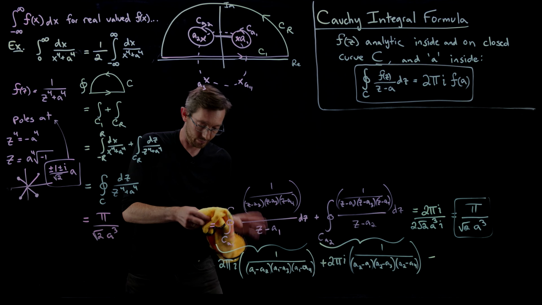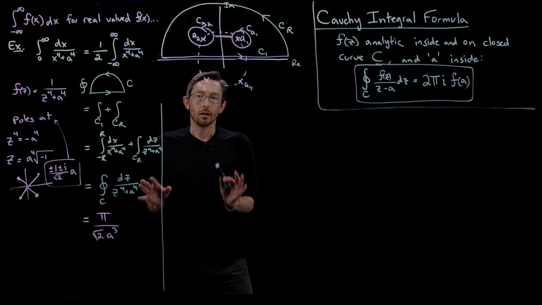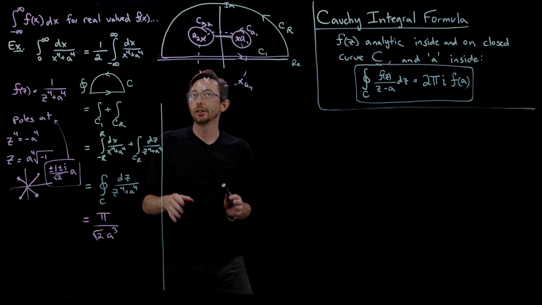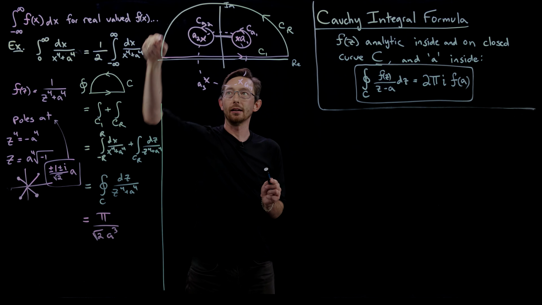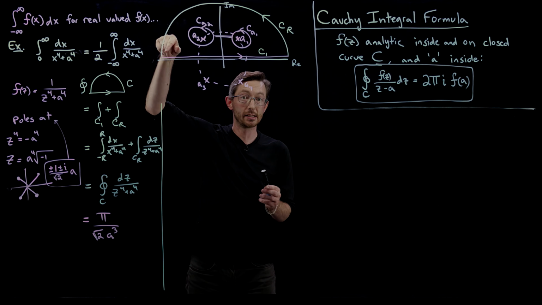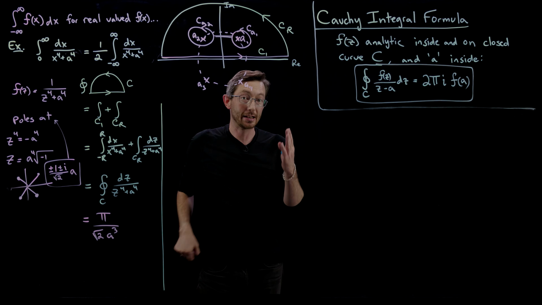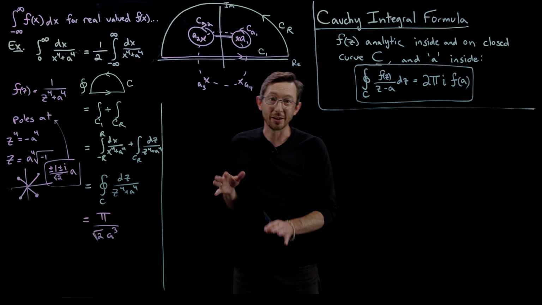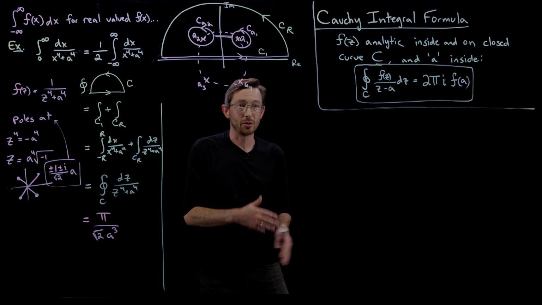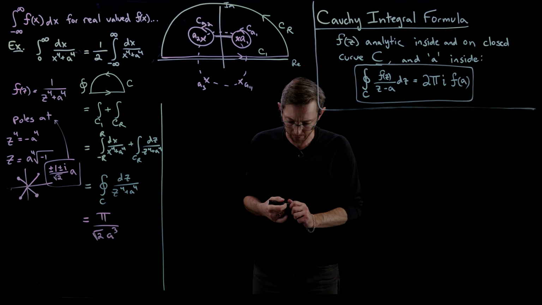Okay, the last thing I need to show you now is that this big radius part of my closed contour C goes to 0 as r goes to infinity. And we are going to do that using the ML bound that I showed you earlier. It's a very intuitive property.